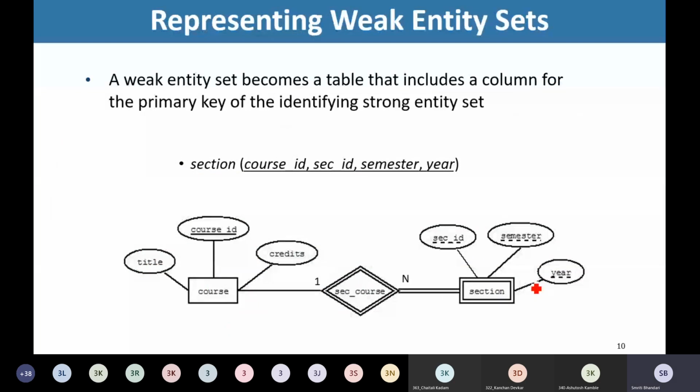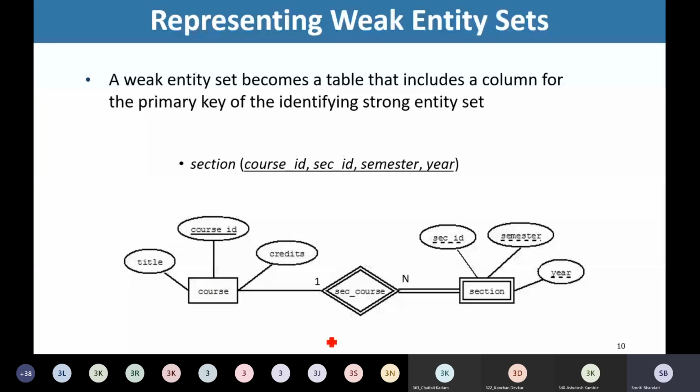let us see how to represent weak entity set in the relational model. Okay, so we have gone through the concept of weak entity set, and we stated that weak entity set always depends upon the corresponding strong entity set, right?